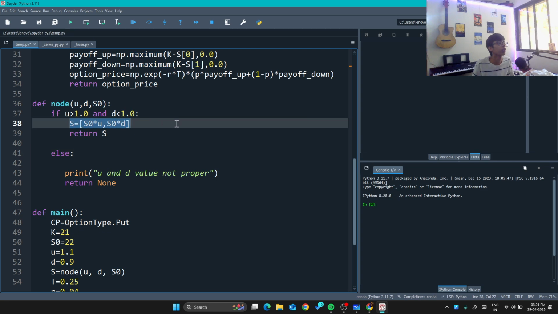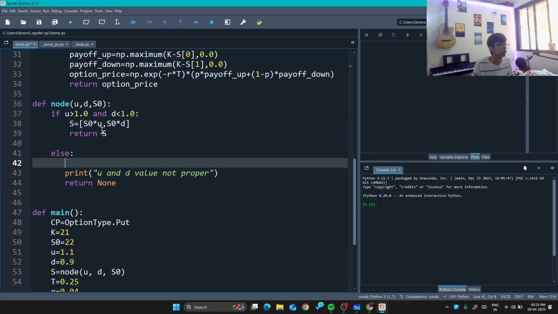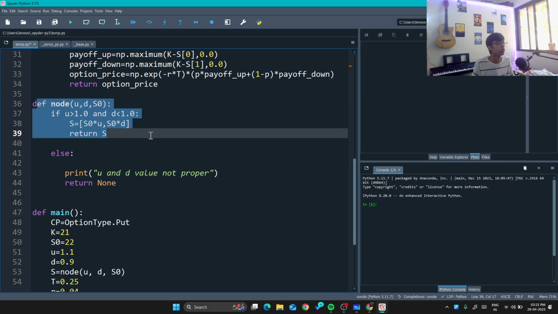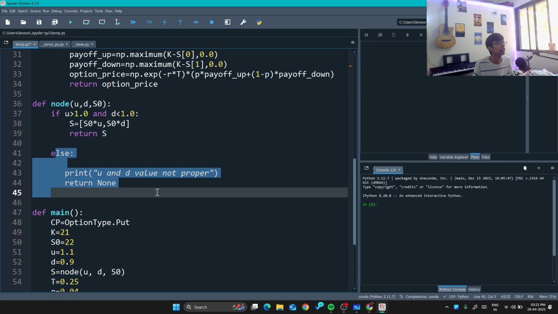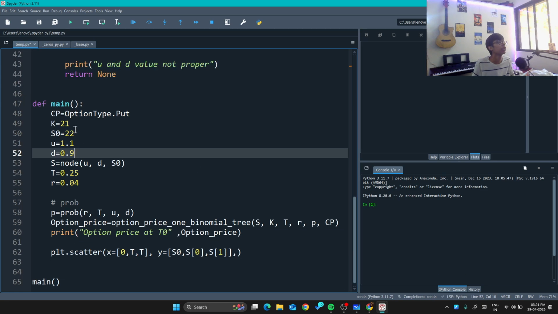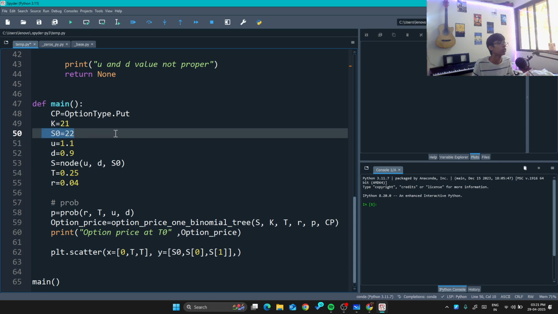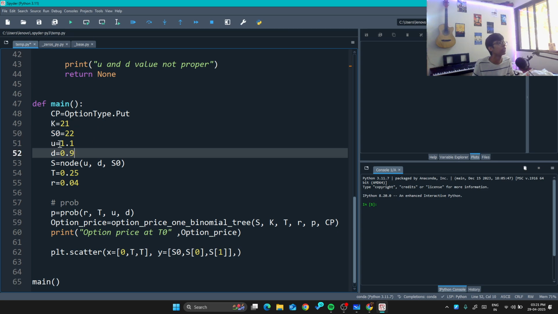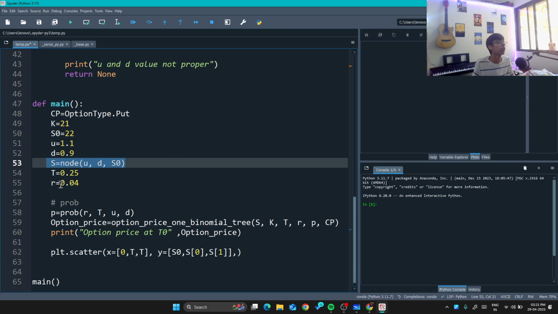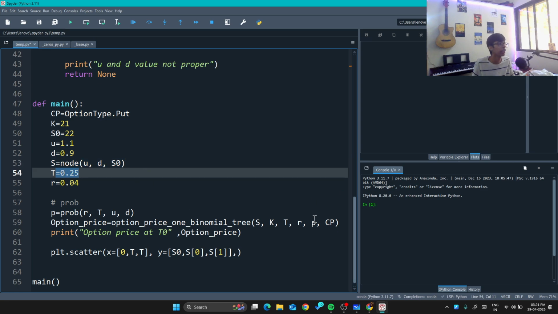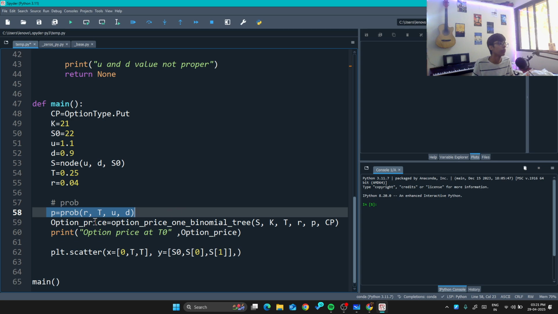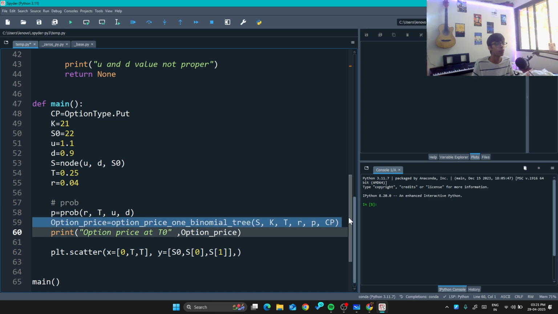So I created a node for every node here. CP is the option type, and this is the main code. K is the strike price, S0 is our spot price, and it is a put option with 1.1 and 0.9 change. And then I found the nodes from here, and T is the time frame and risk period. And I found the probability, stored it in P, and passed it into our binomial model.